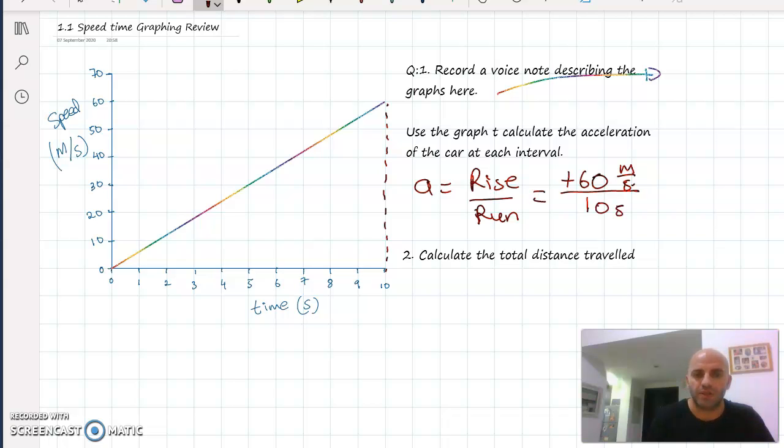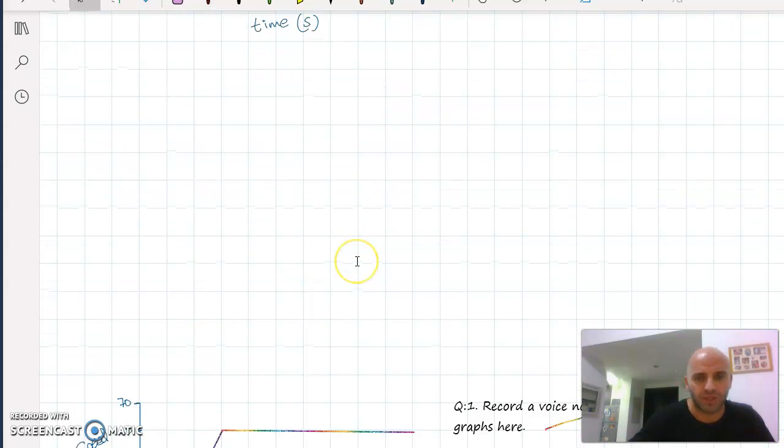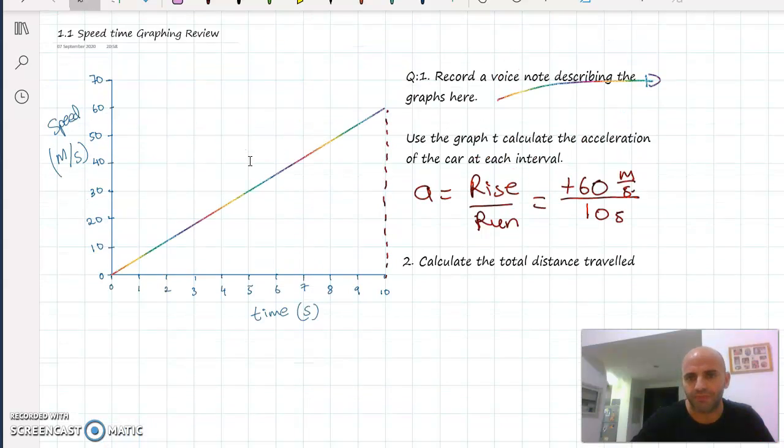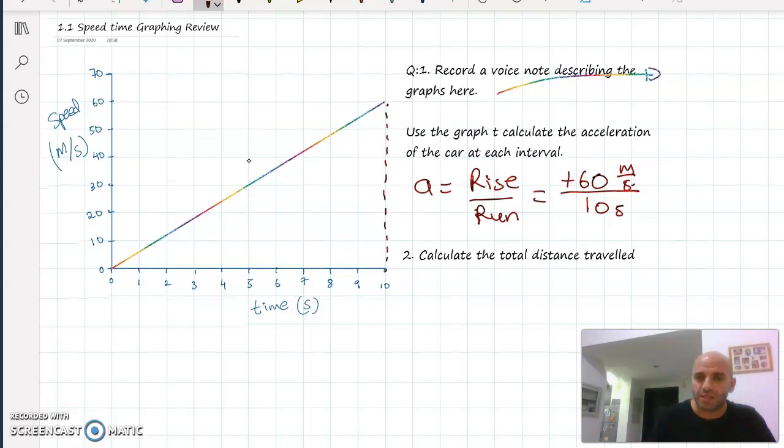In this case, it was the full time interval that it was accelerating for. That's not necessarily always going to be the case; in the one underneath, it's only going to accelerate for that first time interval. So the acceleration is a positive 6 meters per second squared.